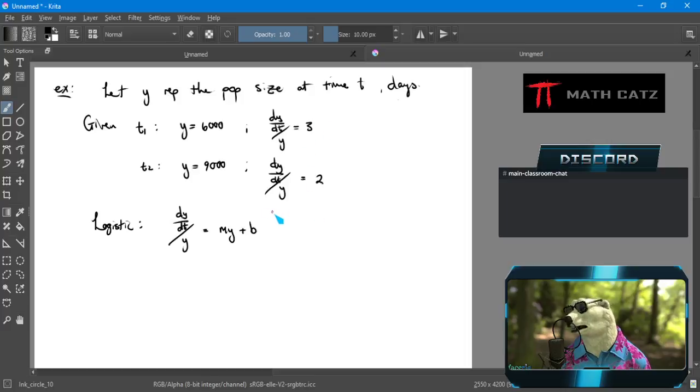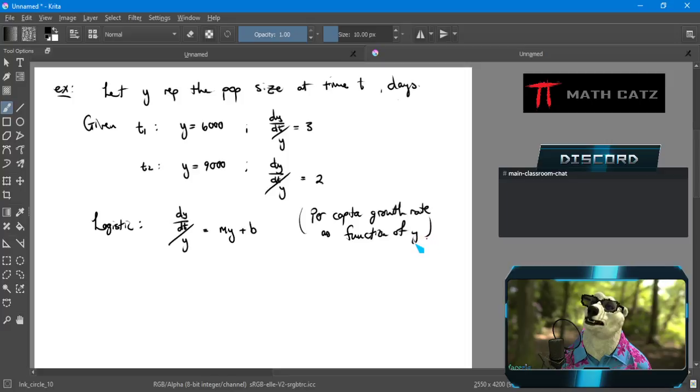We have 2 points here. But the point is, this linear function is the per capita growth rate as a function of y. So that might be the little adjustment we need to make.